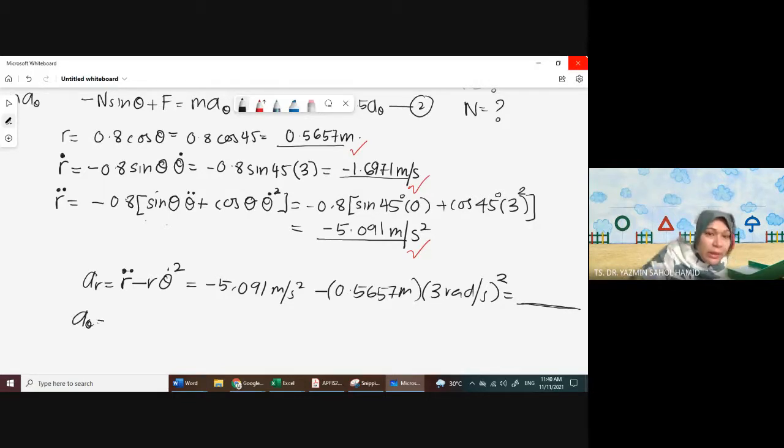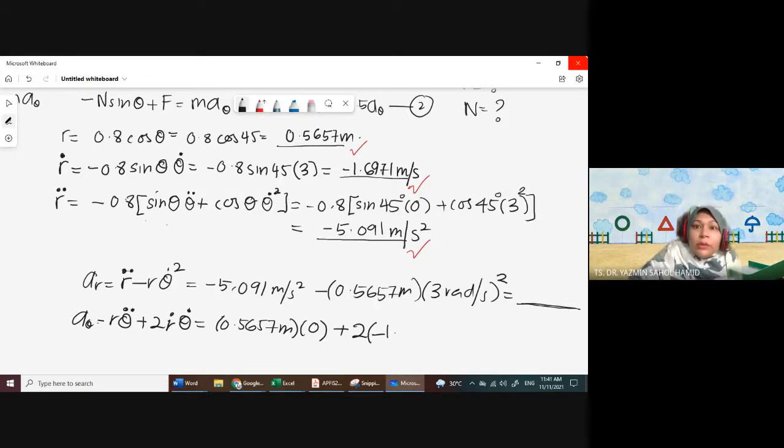A theta is R theta double dot plus 2 R dot theta dot, which equals what? R is 0.5657 meter, this is 0 plus 2 R dot, negative, don't forget the negative, 1.6971.